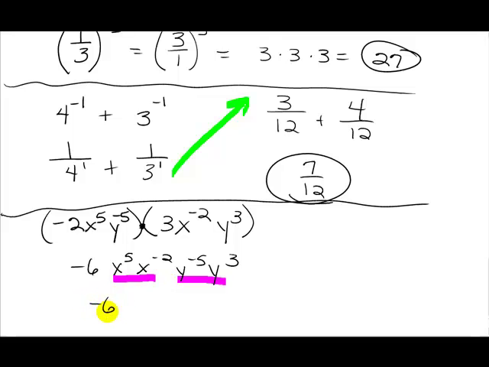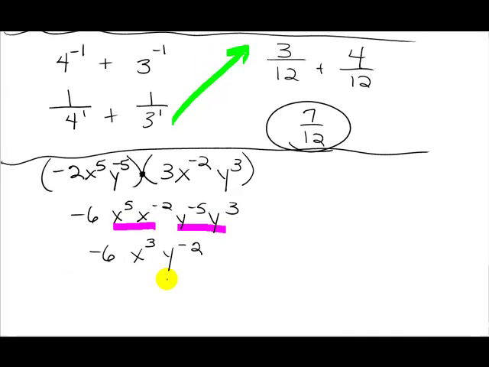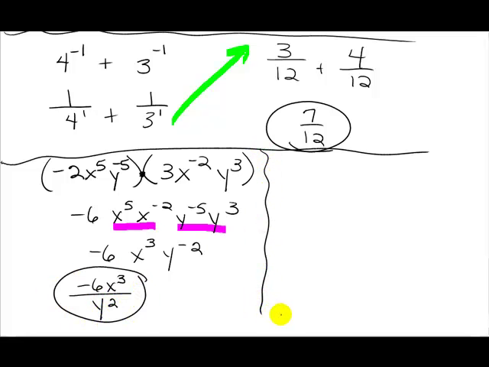So I have negative 6x cubed y to the negative 2. And now I want to finish by taking care of this negative exponent. So negative 6x cubed over y squared is going to give me my answer.